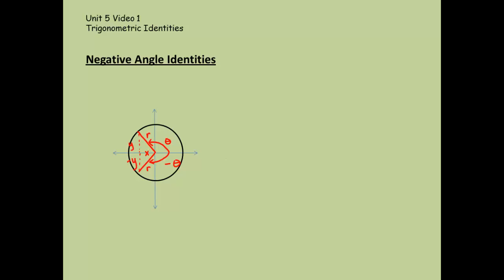So if I take the sine of negative theta in this direction, I would have negative y over r. That is the same as taking the opposite of the normal counterclockwise direction, because my y values are the same, just opposite in direction. This establishes our first negative angle identity.